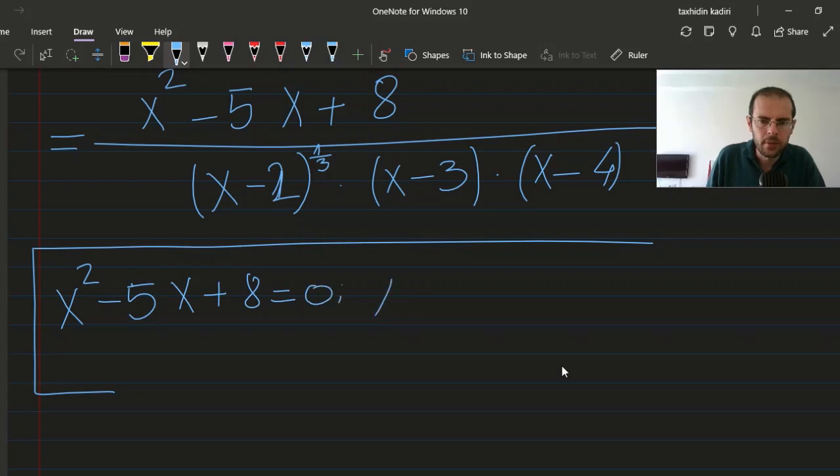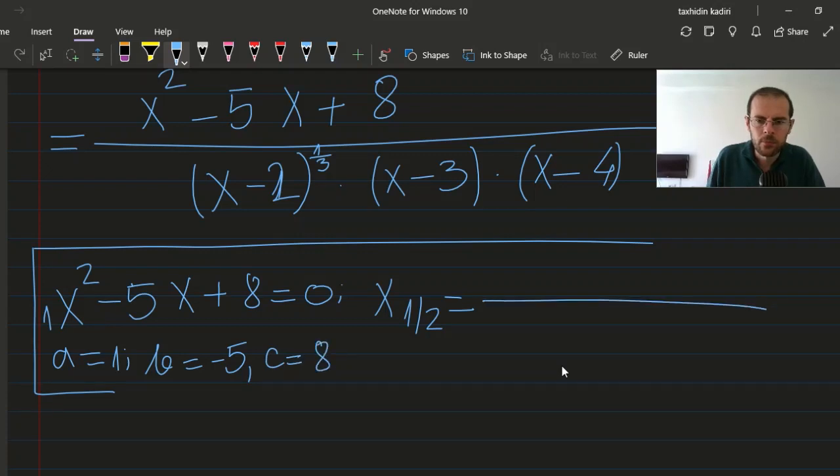What we have here: a is 1, b is minus 5, c is 8. Minus b plus or minus the square root of b squared minus 4ac over 2 times a.